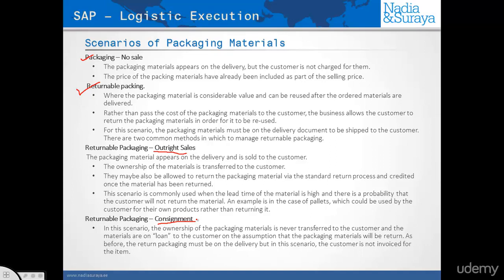We've seen some of the scenarios in which we place the packaging material in the delivery, either automatically through the handling unit, or by pulling it in as part of the material sales BOM. So it's up to the business again. It always is up to the business process and the business scenario to drive how we manage the packaging material.